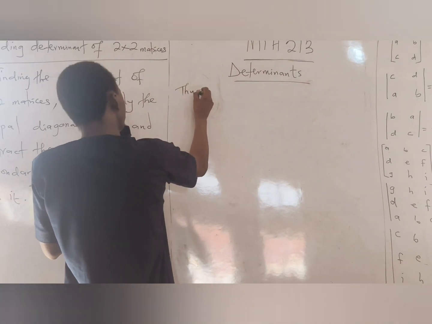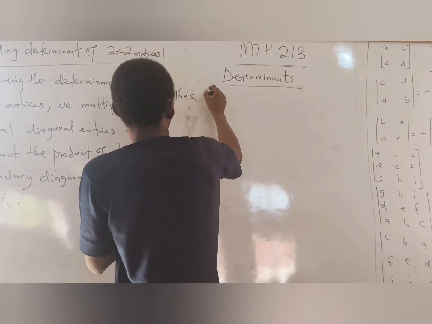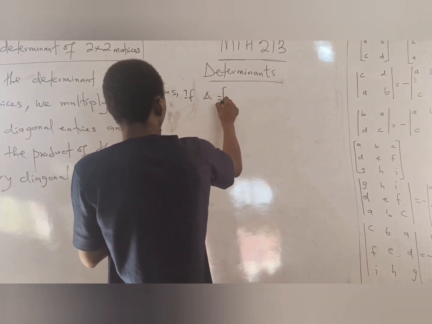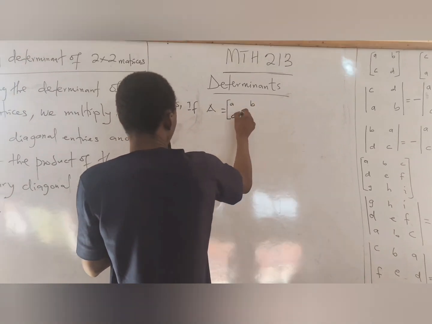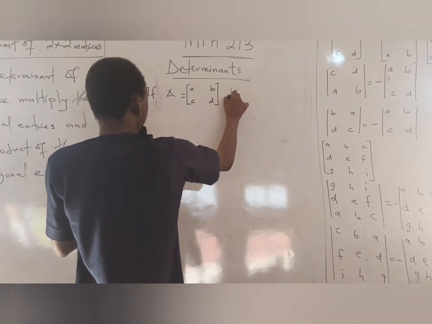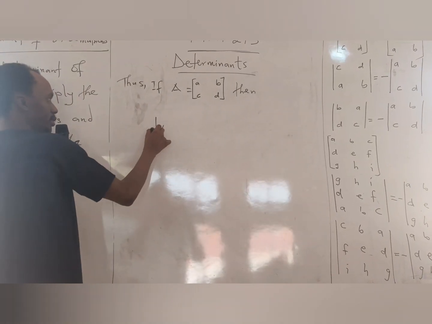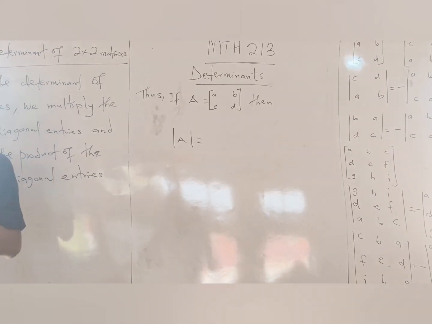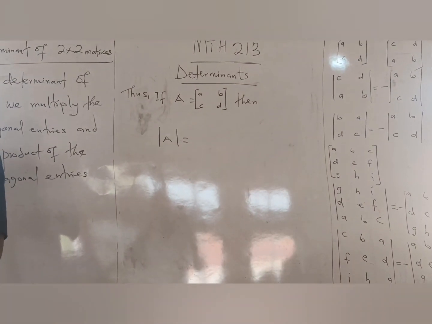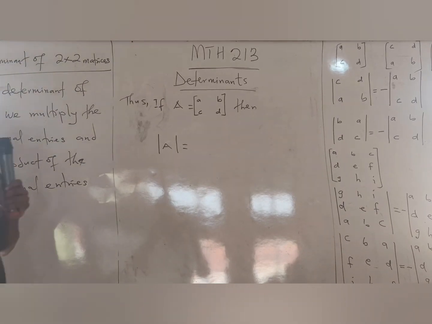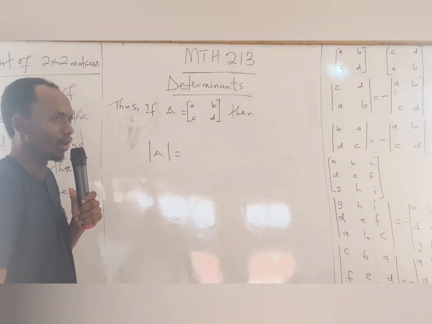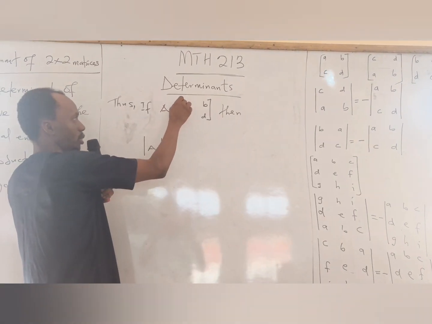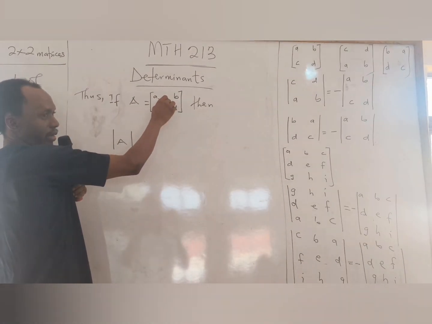If A is equal to A, B, C, D, then determinant of A. We said that you multiply the principal diagonal, and principal diagonal is top left to bottom right.